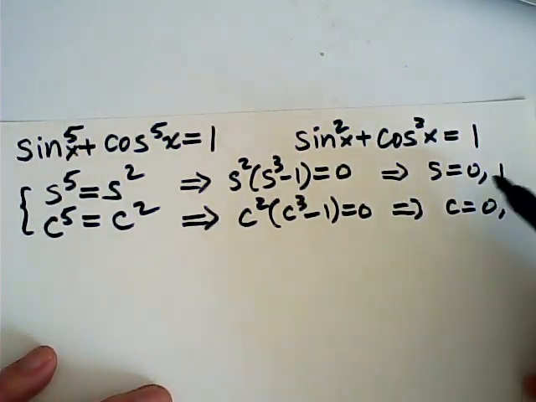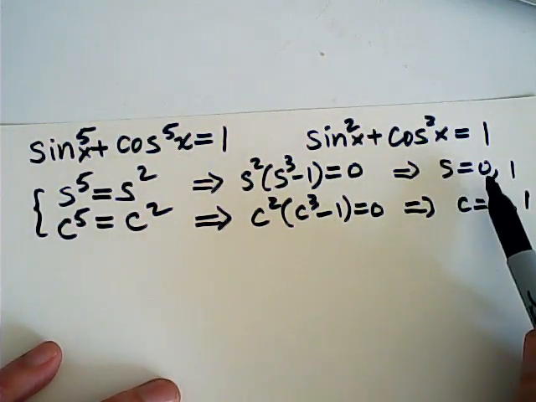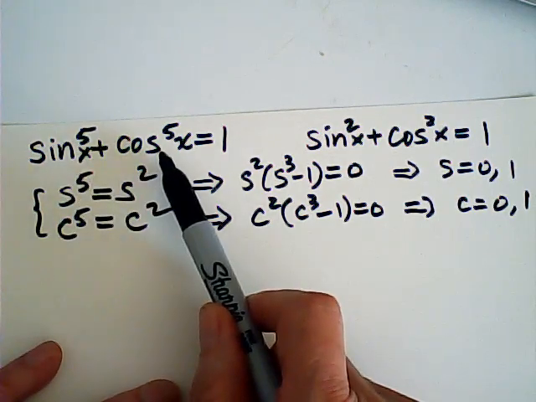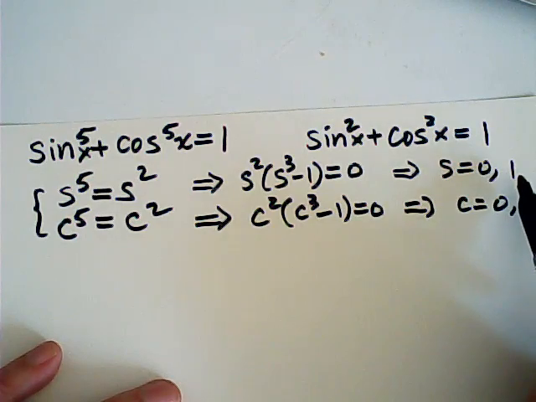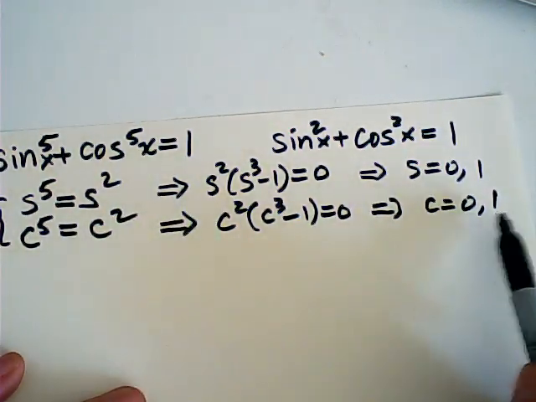All right. From these two results, we know that when sine x is equal to 0, cosine x must be 1. When sine x is equal to 1, cosine x must be 0.